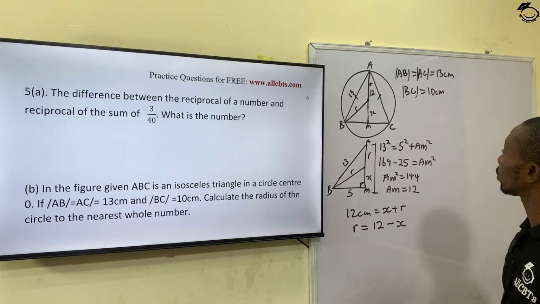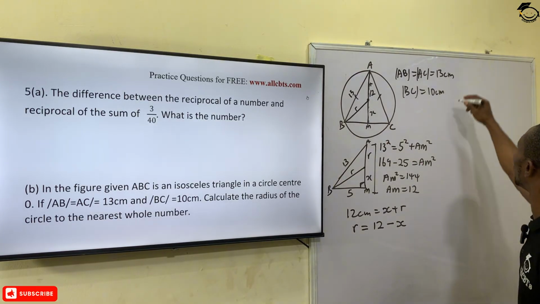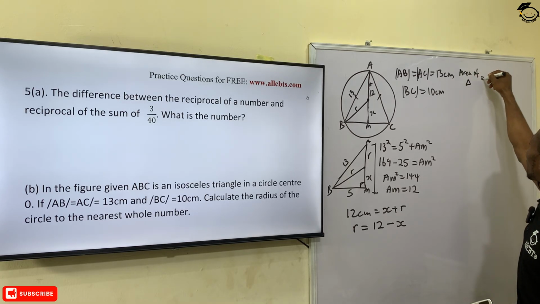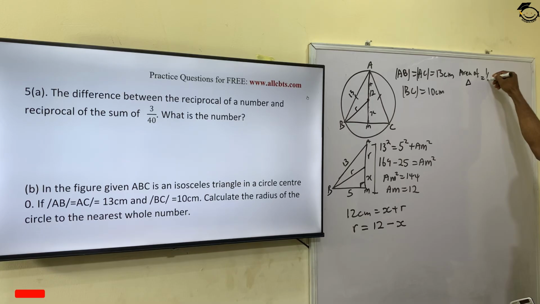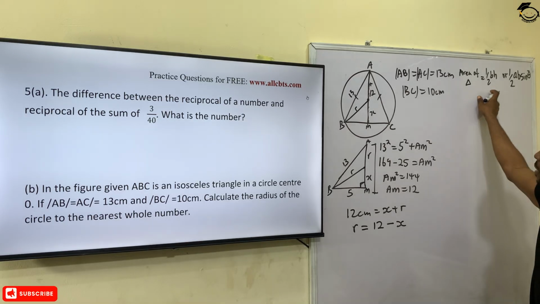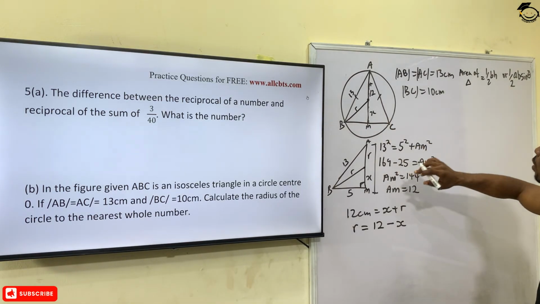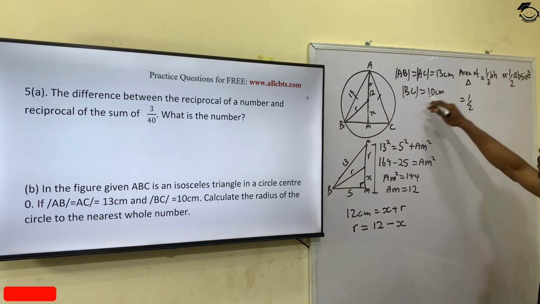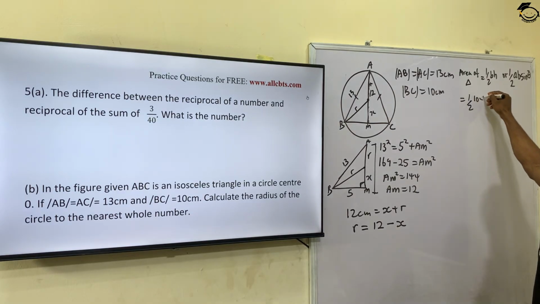So from here, we are going to find the area of our triangle. And for area of triangle, we are going to use two formulas: half base times height, or half AB sine theta. All right. First off, we are going to use half base times height to find the area of this triangle. So area of triangle will become half, our base is 10, times our height, which is 12.